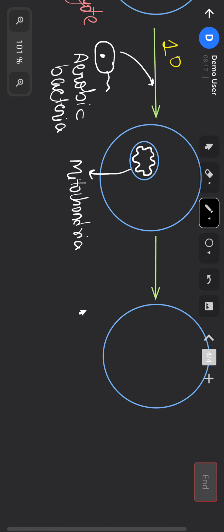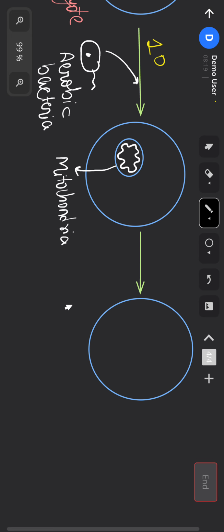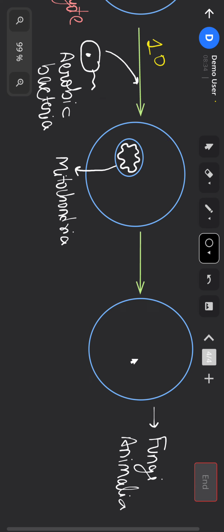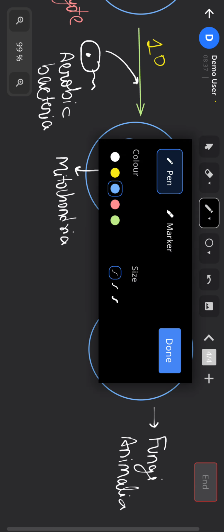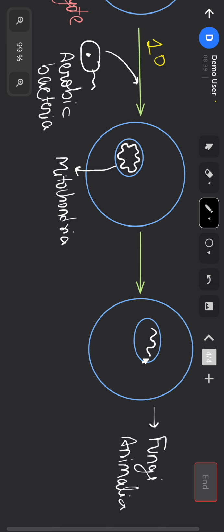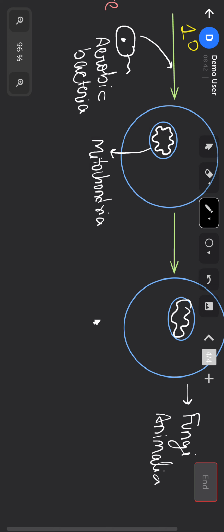Some cells did not undergo the secondary endosymbiotic event, so they directly formed what? Fungi and animalia. Whereas some cells underwent the secondary endosymbiotic event.